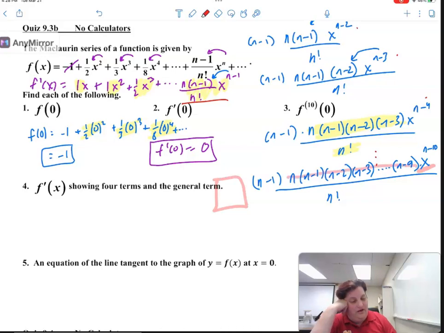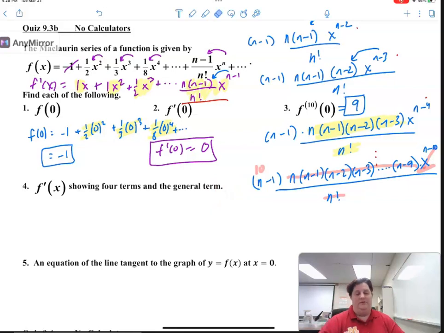If all those go 10, 9, 8, down to n minus 9, and then that goes to 0, but it's the 10th derivative, what's 10 minus 1? It's 9. So that's actually what f of the 10th of 0 is, just 9. Yeah, let's go with that.